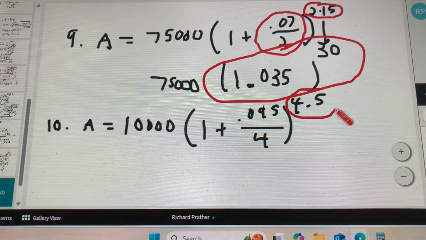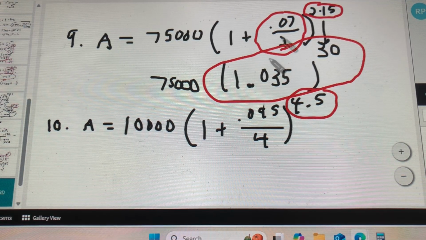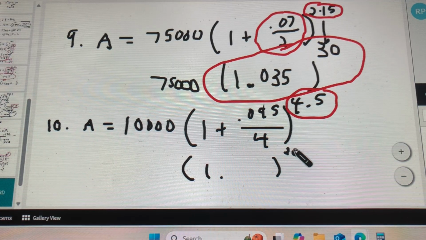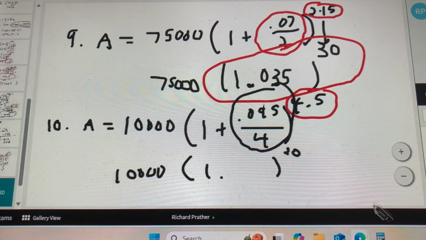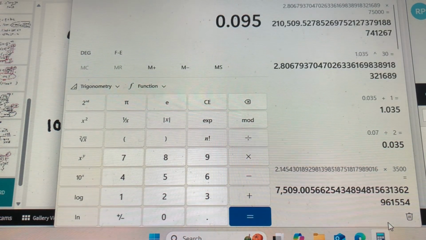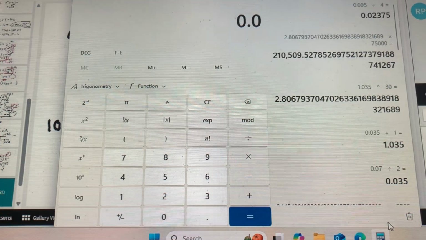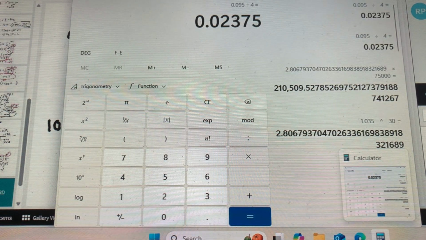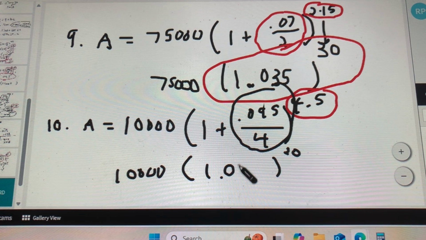The exponent is clearly 20. 0.095 divided by 4 is 0.02375. Don't round anything.